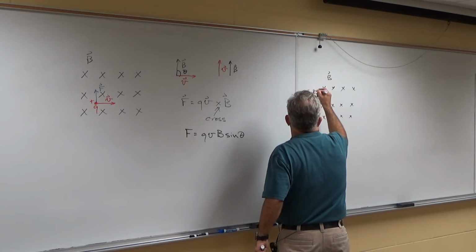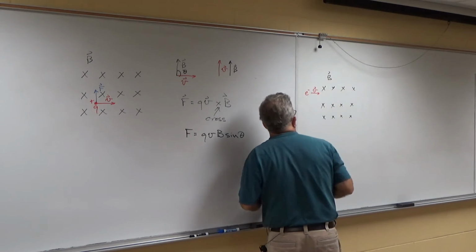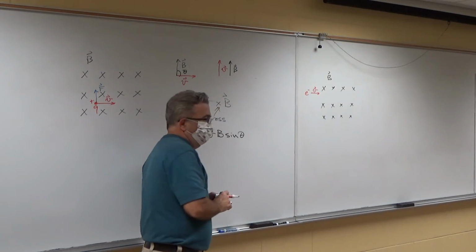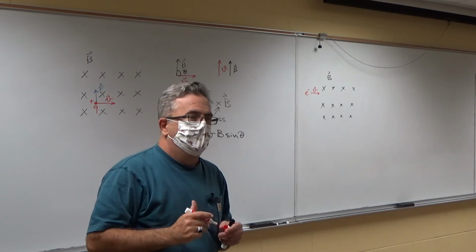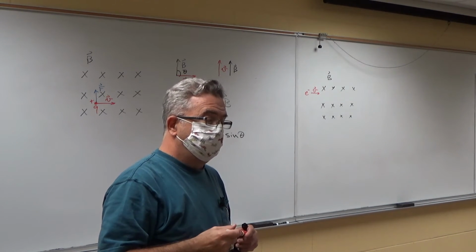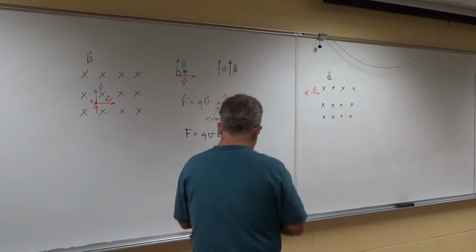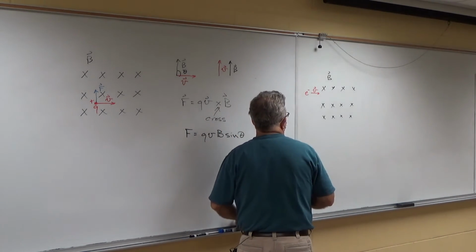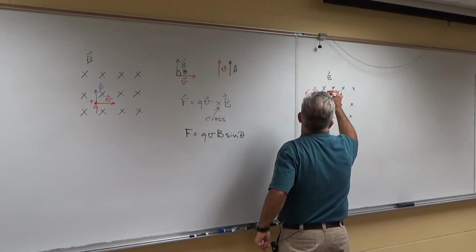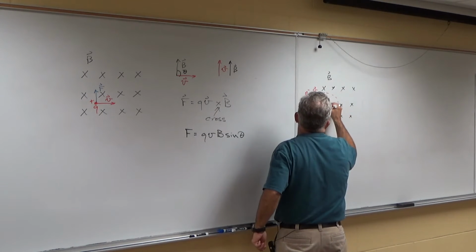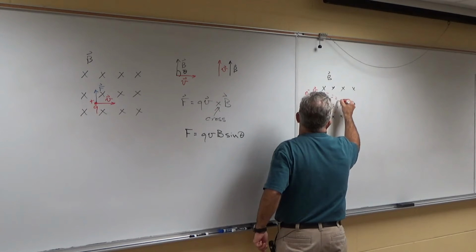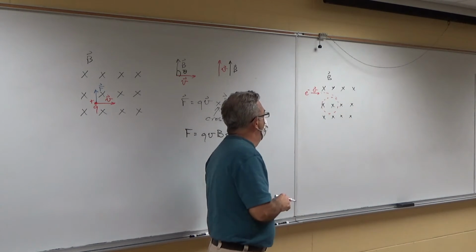Here comes an electron at some velocity V, at a right angle to B. As the electron enters the field, it's going to experience a force. And that force is going to make the electron go in a circle, okay?